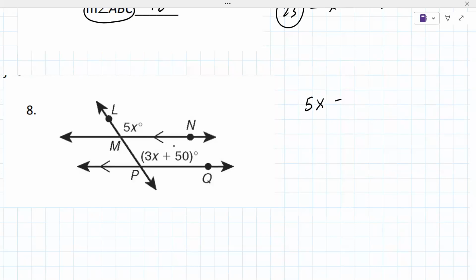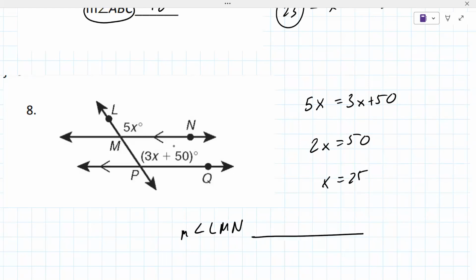Good. Now, it doesn't matter which one it asks for. You have to put x back into one or the other. So let's find the measure of angle LMN. 125 degrees. Perfect.